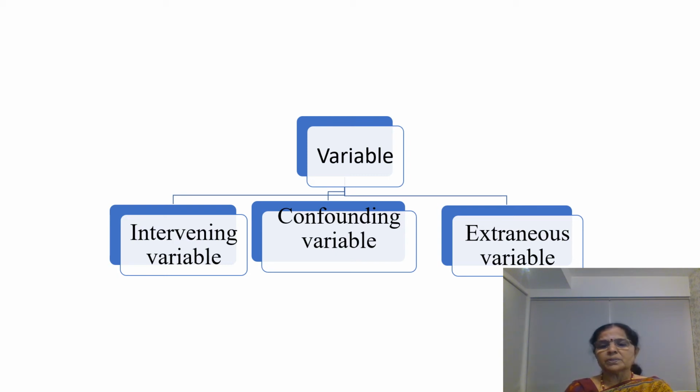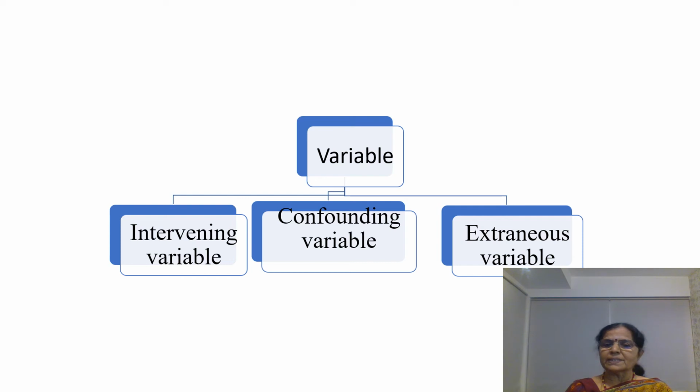Extraneous variables are all other variables which have the potential to affect the relationship between the independent variable and the dependent variable. But these variables are not taken into account by the researcher. They are outside the research study.